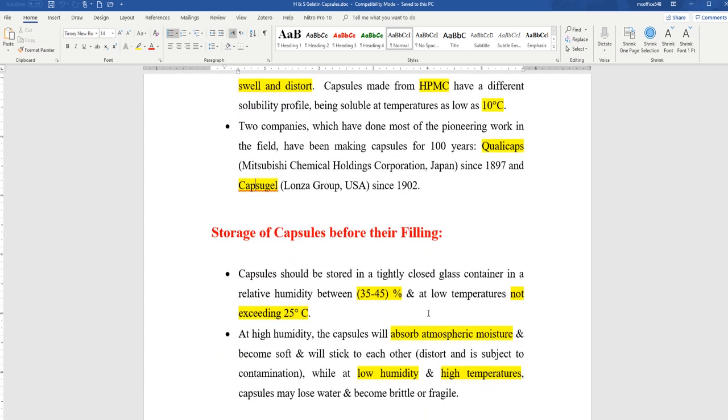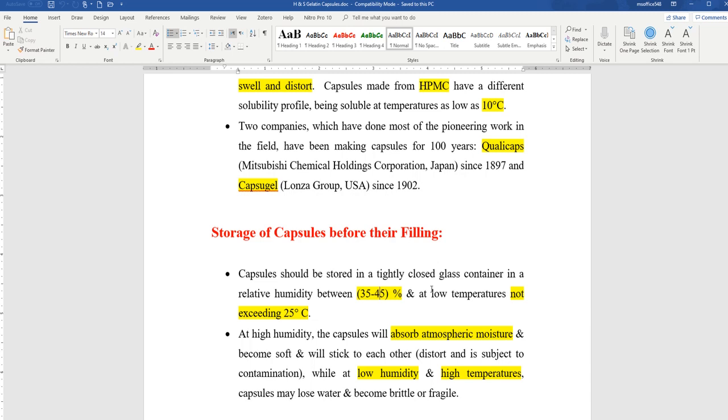Okay, how do you store the capsule shells or capsule preparations? As I said, it's very important to control the humidity. The optimum humidity is between 35 to 45% of relative humidity. Temperature should not exceed 25. Like, what happens if the humidity is, let's say, 60?